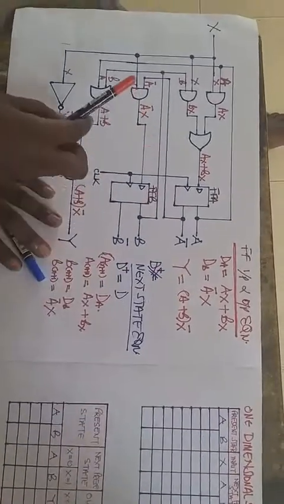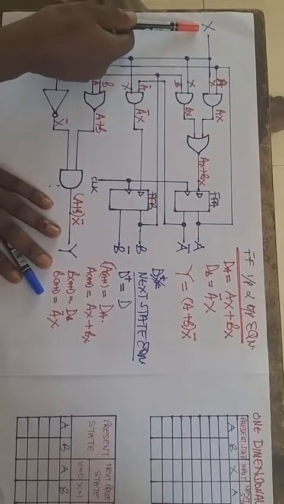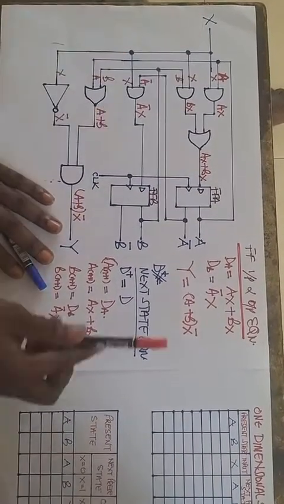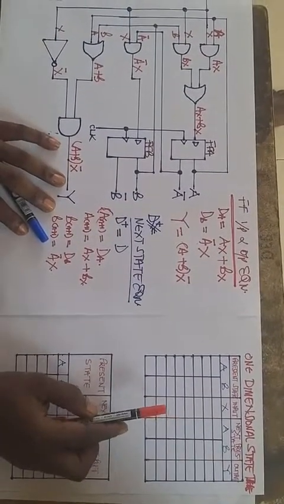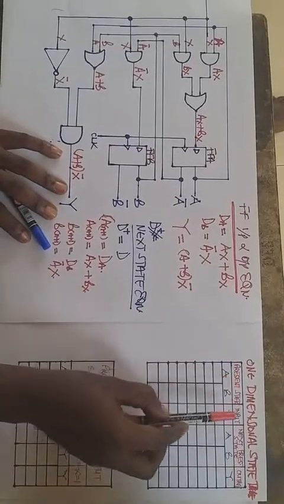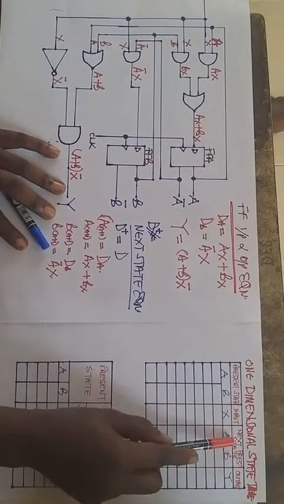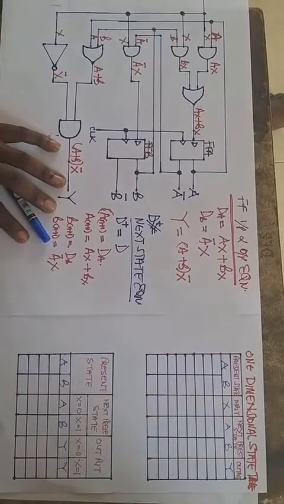But for this circuit, we were given an input, so we have to add the input to the state table. So we have a present state, the input, the next state, and then the output.